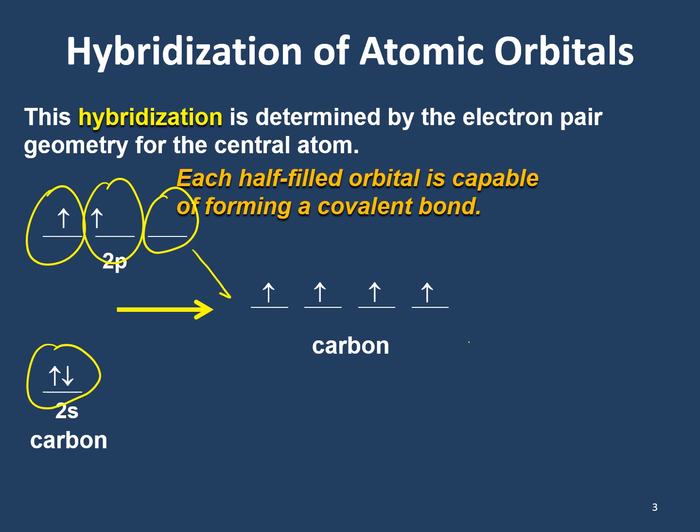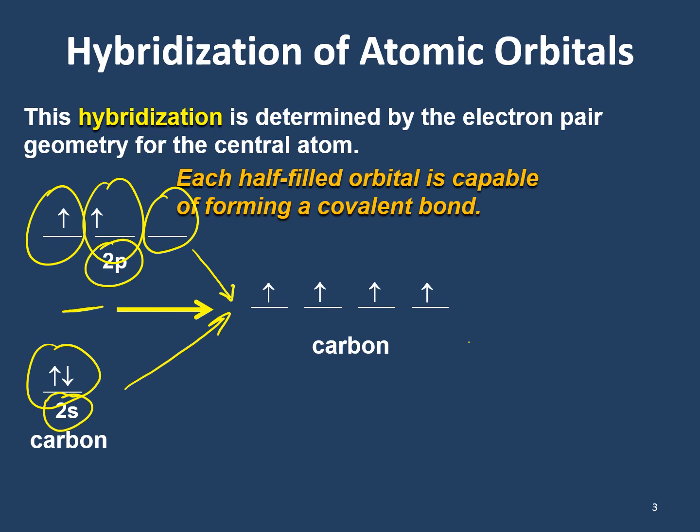They're all going to be at the same energy. Notice that because I mixed this 2s orbital with these 3 2p orbitals, the energy resulted somewhere in between the orbitals. These 3 orbitals are at higher energy, this one's at lower energy, so the hybrid orbitals are in between. They average out a little bit.